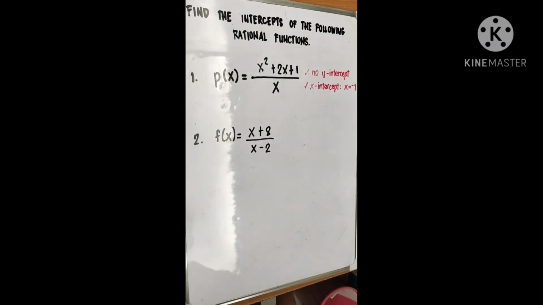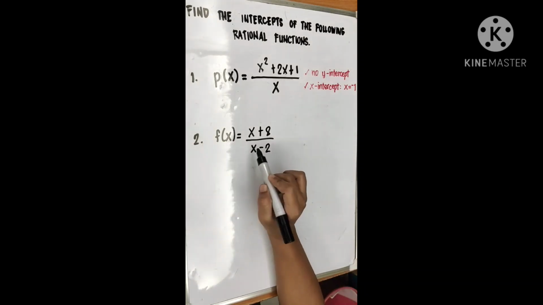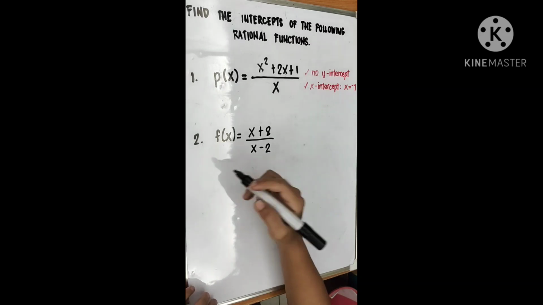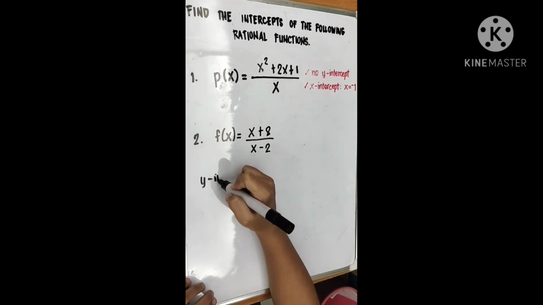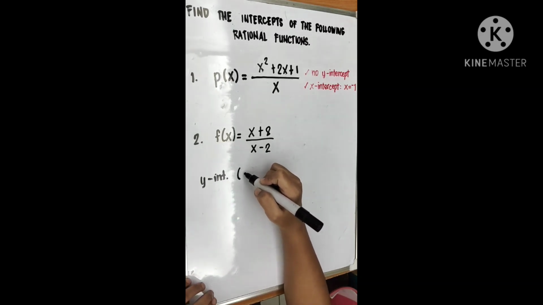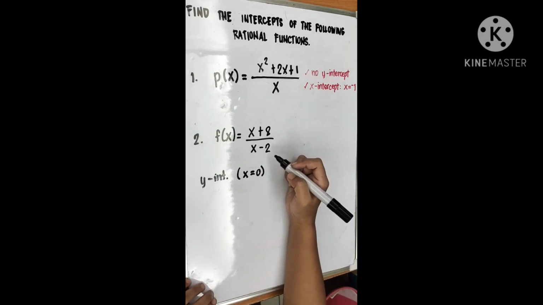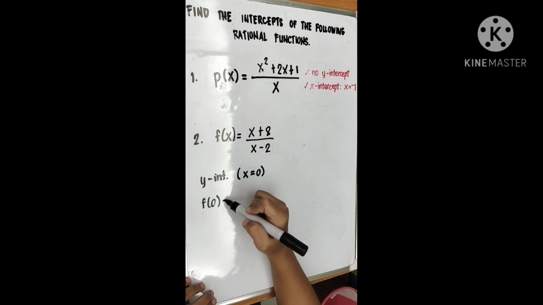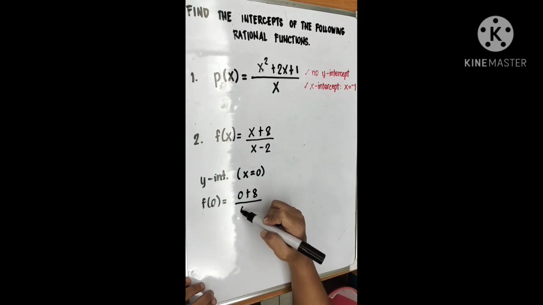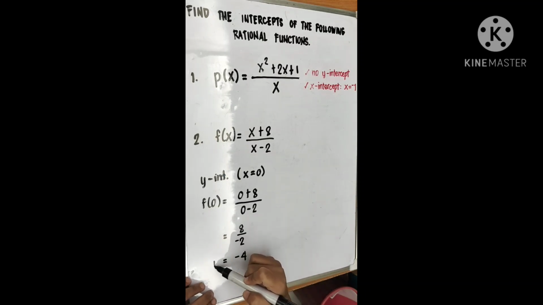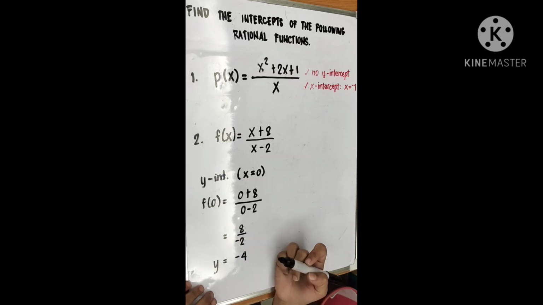Now for number 2 example, we have the rational function f of x is equal to x plus 8 all over x minus 2. So let's solve first for the y-intercept. And we will be substituting 0 for our x variable. So y is equal to negative 4.